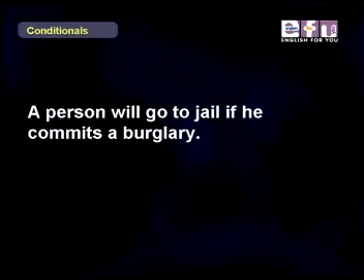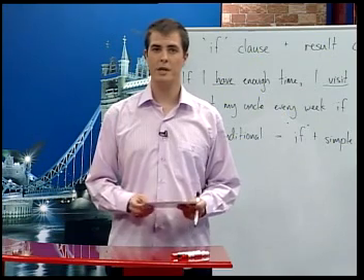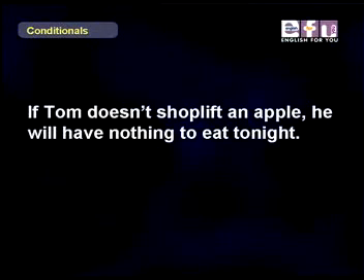Another example. A person will go to jail if he commits a burglary. So in the result clause, either the present simple or the future simple is used to show that a predictable fact will happen. It's going to happen every time. Another example.